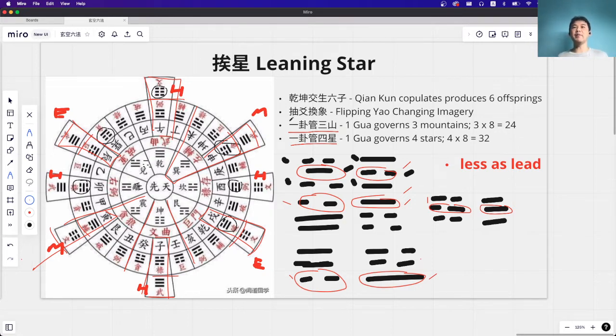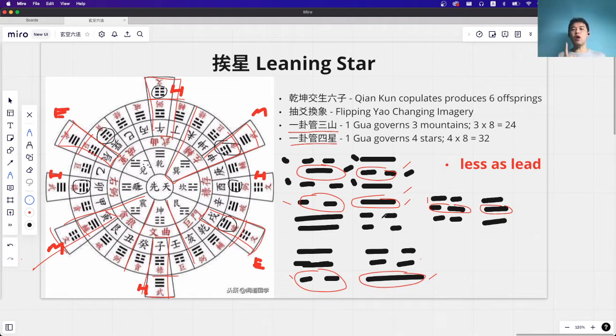Then you use the fundamental of flipping gua and changing imagery, 抽爻换象. You flip the gua, and it represents the stars. After you get 3 mountains, 3, 8, 24 stars, you need to find the last one, which means you have to flip everything.